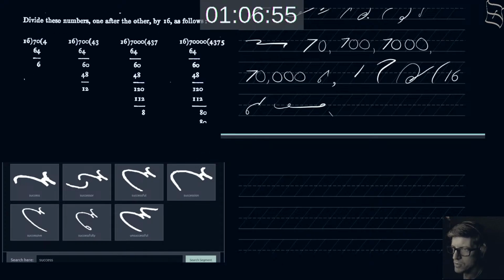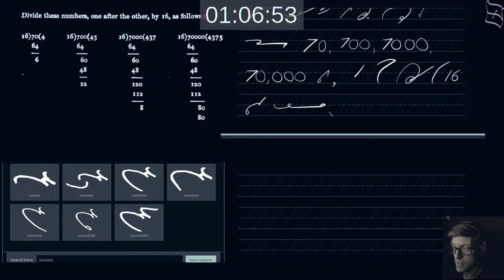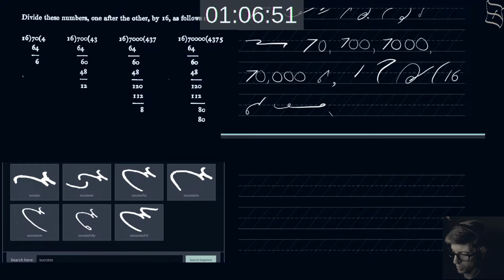If we then demonstrate those values, which I'm not going to at the moment, because that's not the purpose of the stream, which is to demonstrate the mathematics. It's more the use of Gregg shorthand.